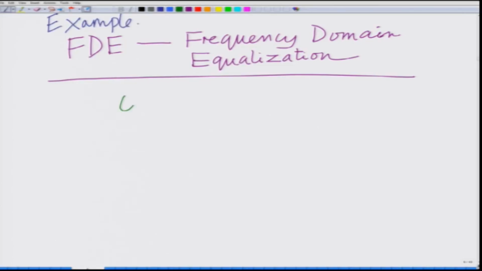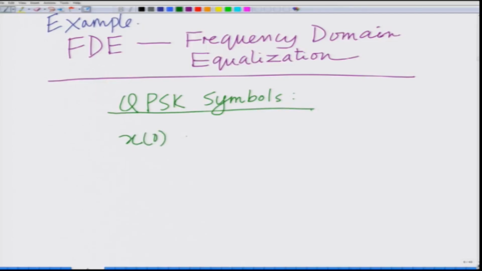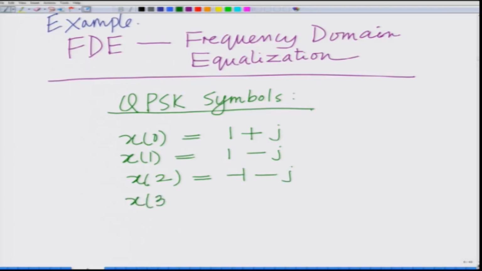And we said we are going to consider QPSK, or quadrature phase shift keying, symbols, which are basically x0 equals 1 plus j, x1 equals 1 minus j, x2 equals minus 1 minus j, and x3 equals 1 minus j.